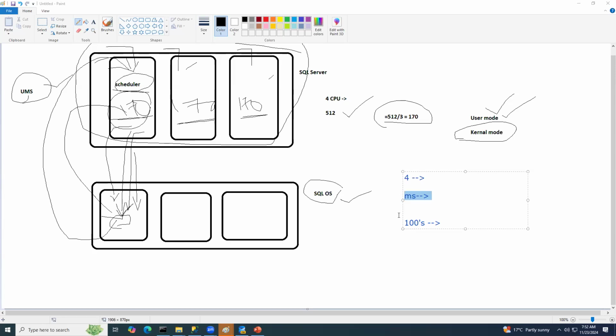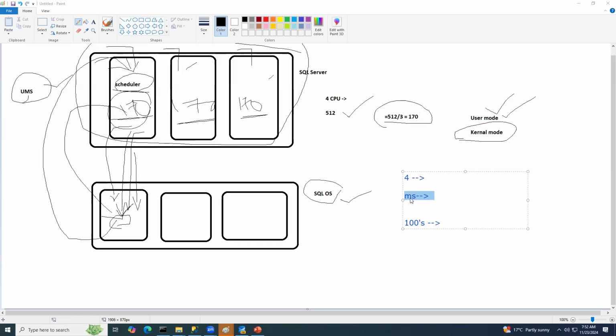It can be a 4 CPU, it can be a 12 CPU, whatever, doesn't matter. Each query is taking only a few milliseconds, so there is no chance of fine-tuning the query because the query is not taking long. There are no issues with the query execution. The problem here is the workload, right? You have a huge increased workload and each query takes just a few milliseconds or even a nanosecond.